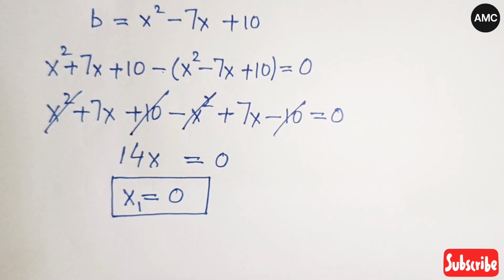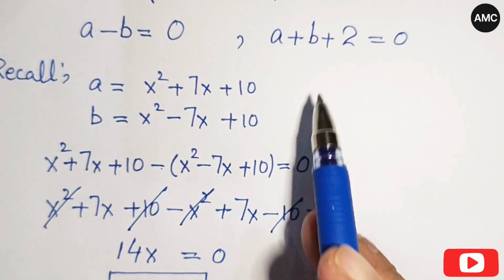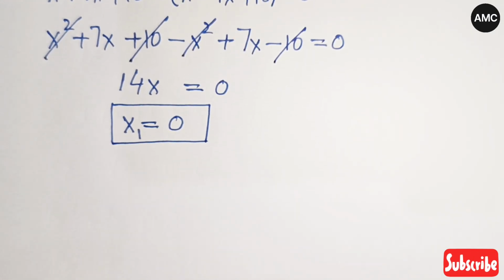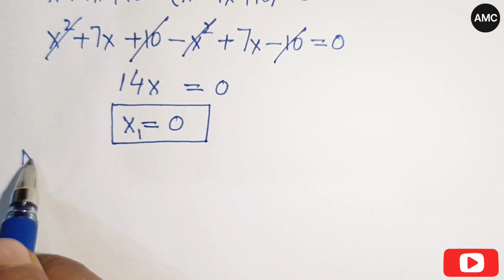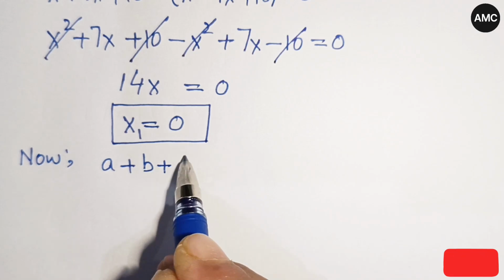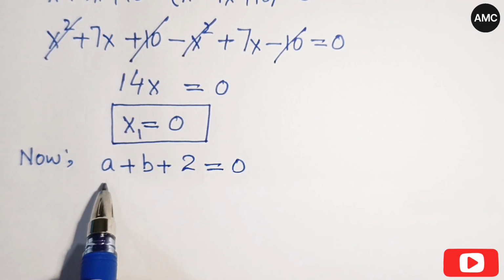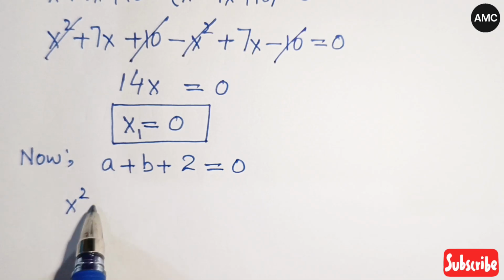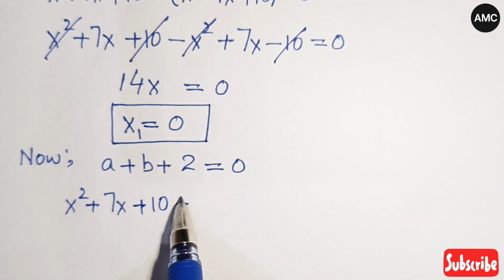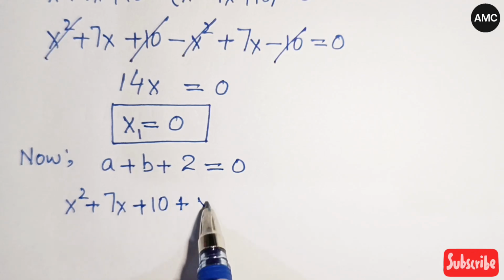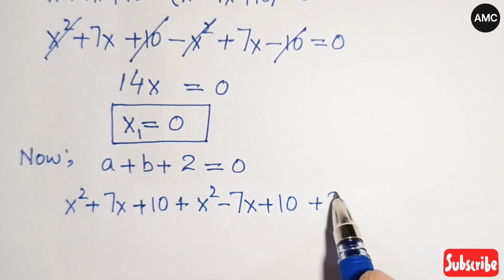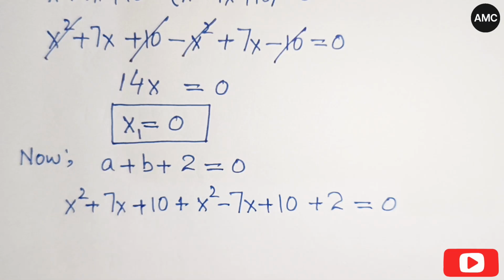Now we are going to solve our second case here, which is a plus b plus 2 is equal to 0. So here, a plus b plus 2 is equal to 0, but here the value of a is x squared plus 7x plus 10, and the value of b is plus x squared minus 7x plus 10, and it is plus 2 is equal to 0.